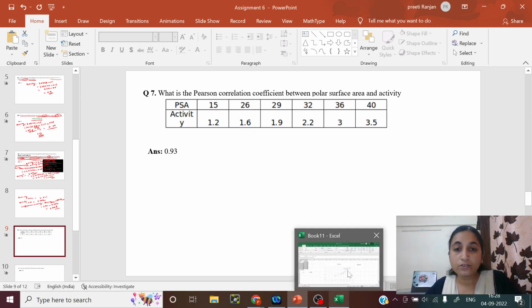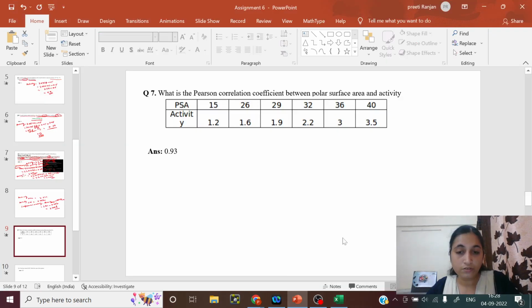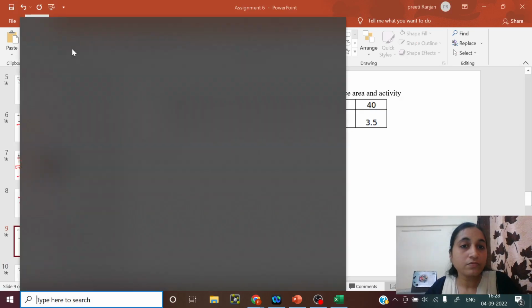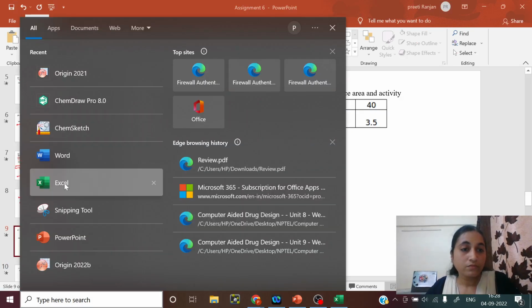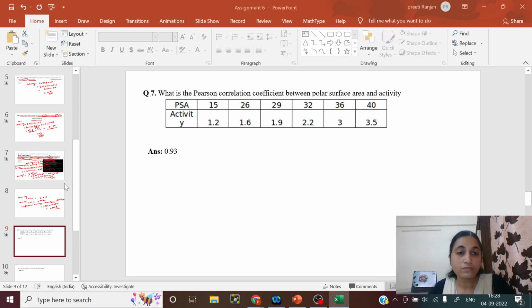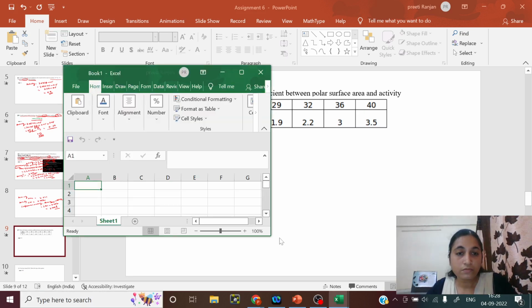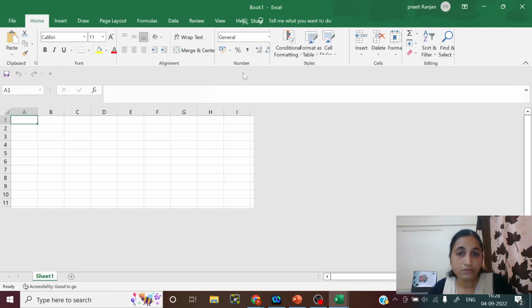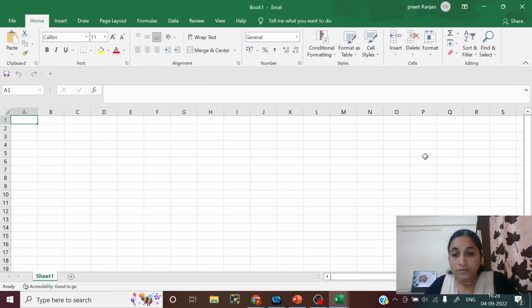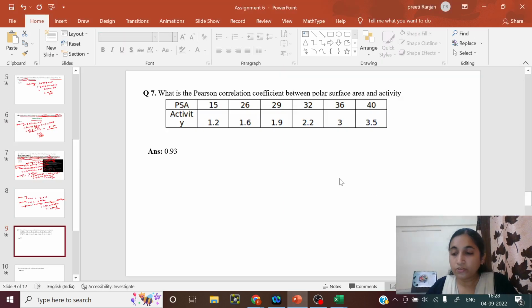Should I show here or should I make new? So first we will take this value in Excel sheet and we will calculate it there.